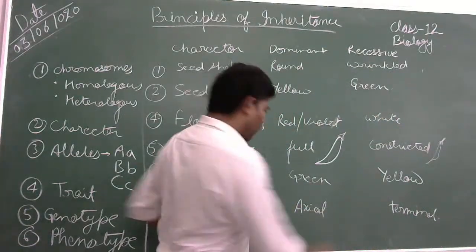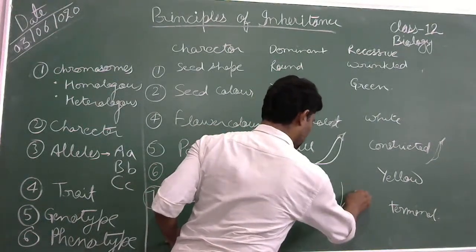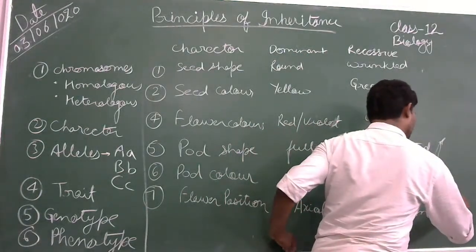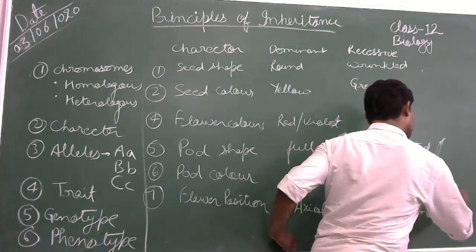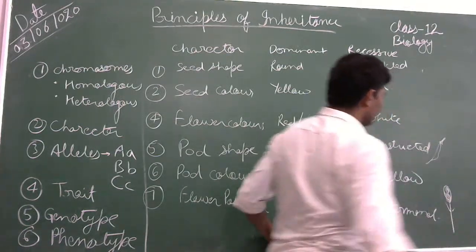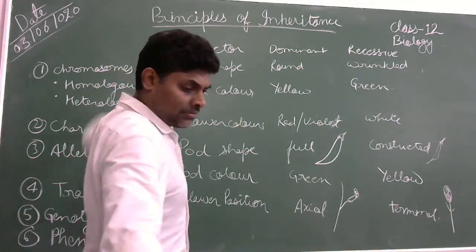Axial means flowers are produced at the axial location, and terminal flowers are produced at the terminal position, right? So here are the 7 characters.